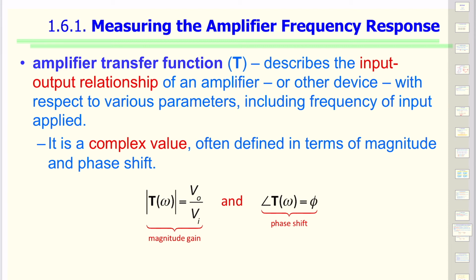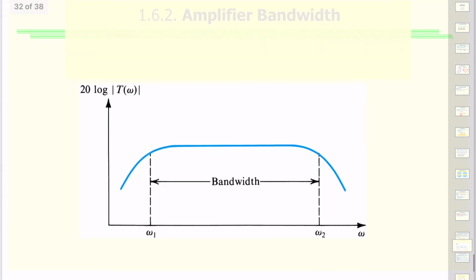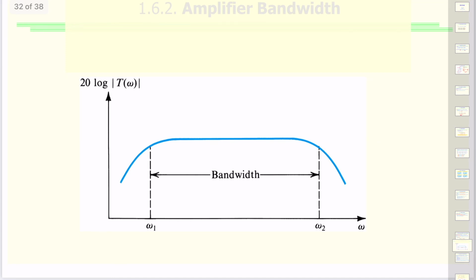Or we can see how the phase changes across the whole frequency spectrum that we are interested in. So we would then take those numbers and draw the behavior of a device, and that would give us what we call bandwidth.